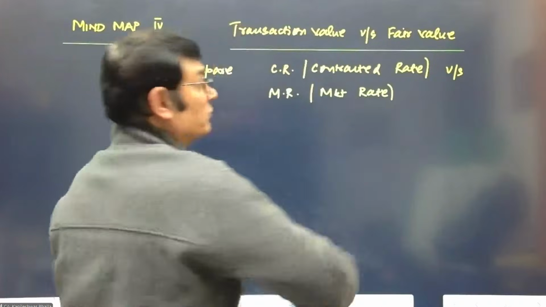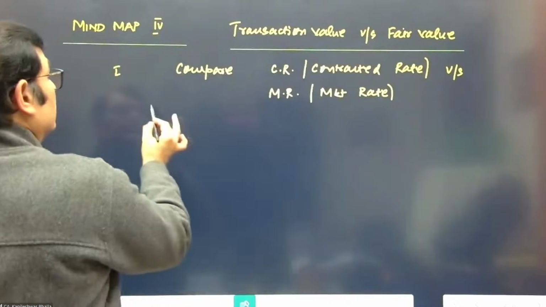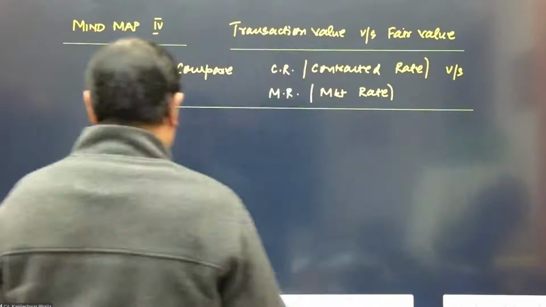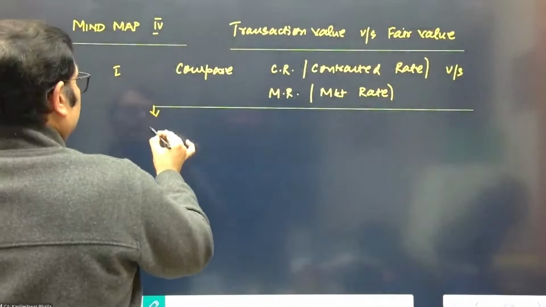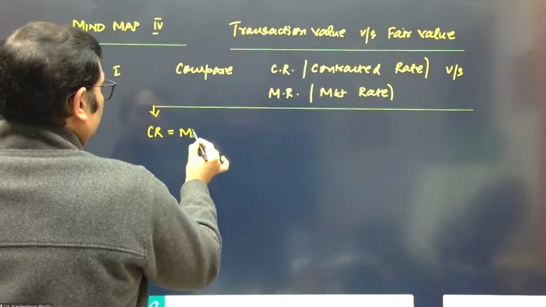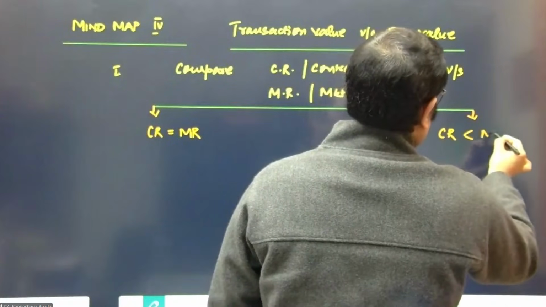So your first focus would be to compare the contracted and the market rate. When you compare, you get 2 inputs: either the contracted rate is equal to the market rate, or the contracted rate is less than the market rate.